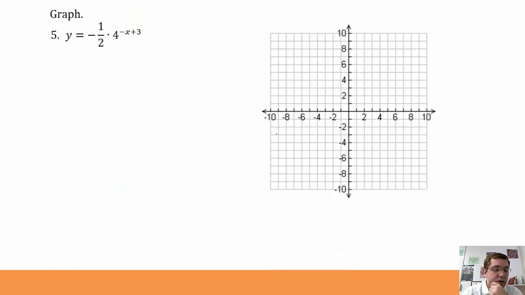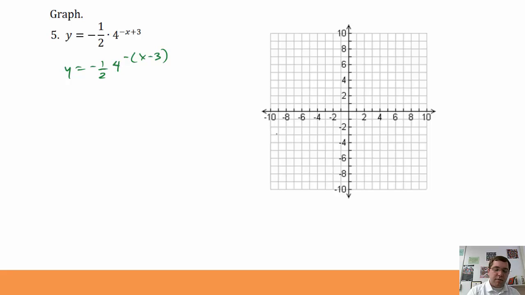Number 5. Y equals negative 1/2 times 4 to the negative x plus 3 power. Okay. So I'm going to make one adjustment to the way this is written, and that's to factor out the negative 1 in the exponent. So I'll have negative x minus 3. That tells me that I've shifted to the right 3 and reflected it over the y-axis.